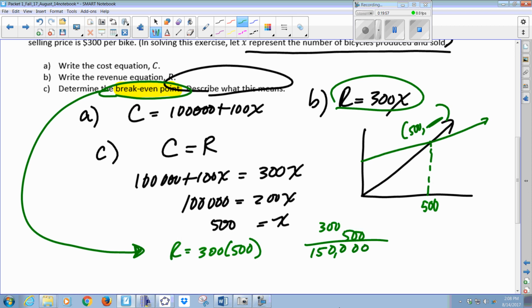So my break-even point is 500, comma 150,000. And now I interpret what each of those mean. So now I can say when the company produces and sells 500 bicycles, the total cost and revenue will both equal $150,000.